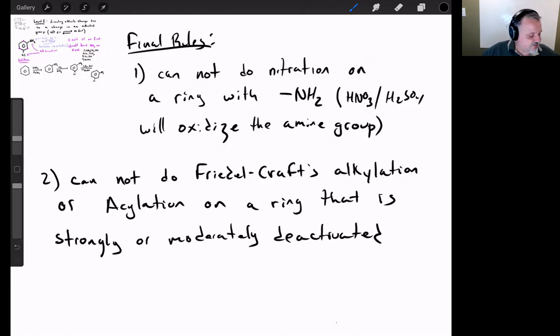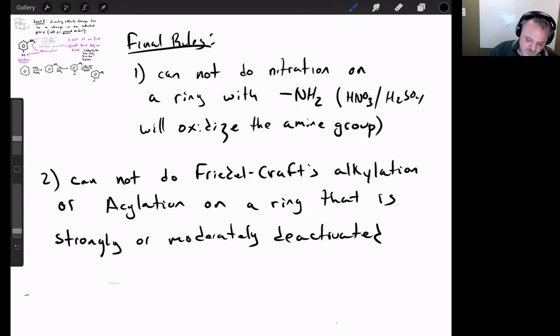So that implies that if a nitro group is on the ring, then you can't do another Friedel-Crafts alkylation or acylation. So this doesn't prevent it, but it does lead you into some conceptual bottlenecks. If I've got a nitro group and I need to install an R group, I can't install the R group after the nitro group because the ring is too deactivated.